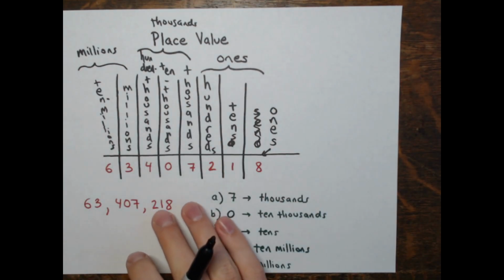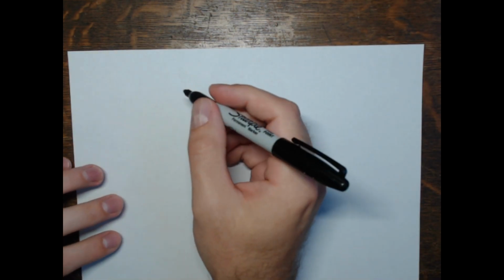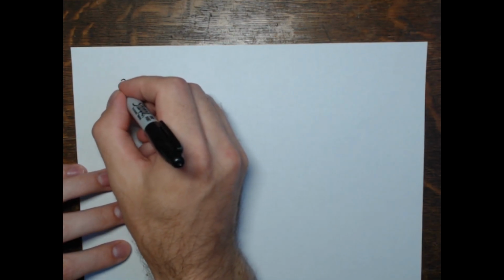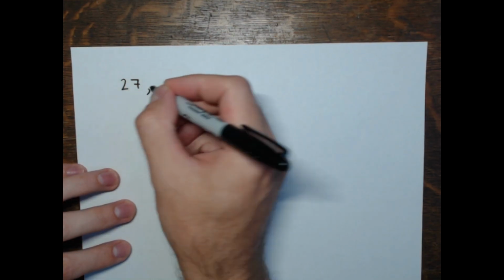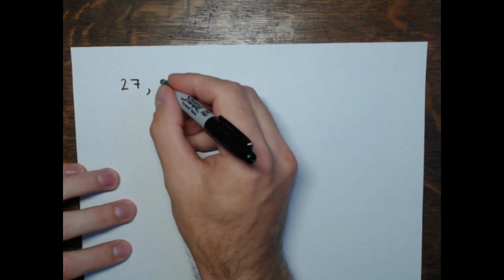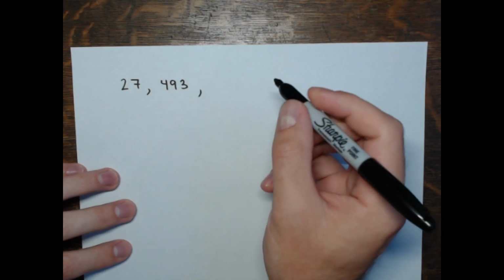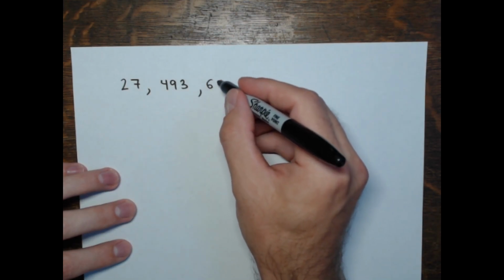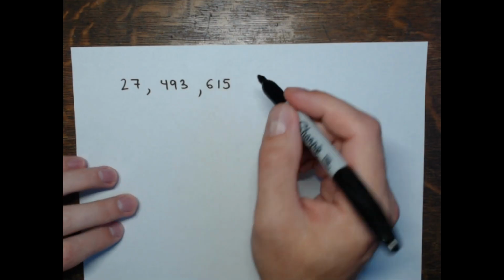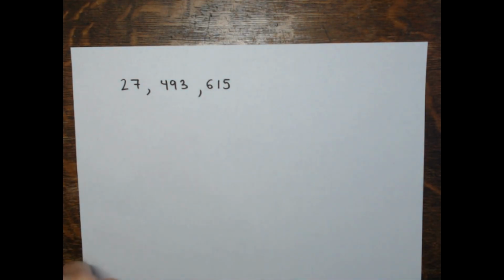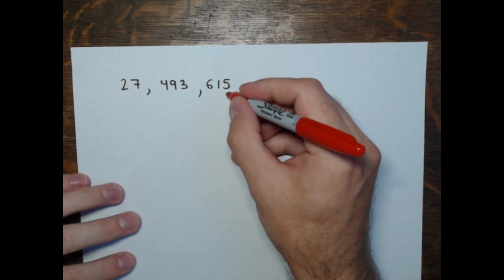I'll just point out the place values of each. So the number given to us is 27,493,615. And I'll just write the places with arrows underneath.